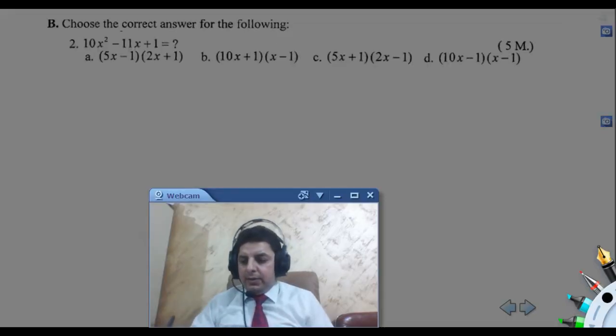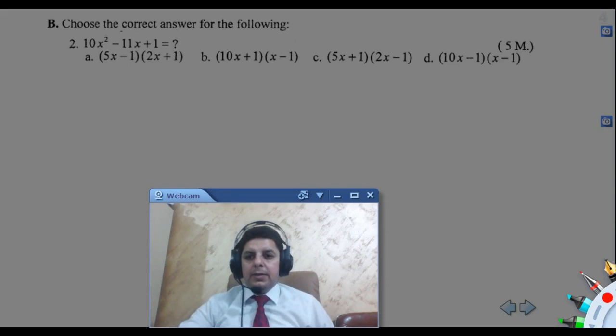Another question, also question 2, part B, number 2. Choose the correct answer for the following. Number 2: 10x squared minus 11x plus 1.